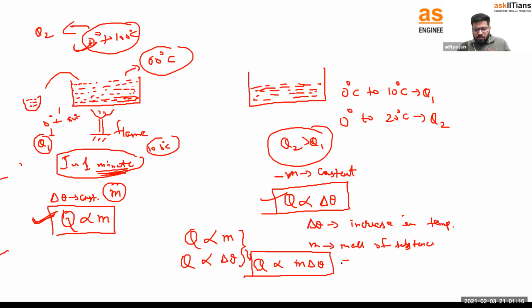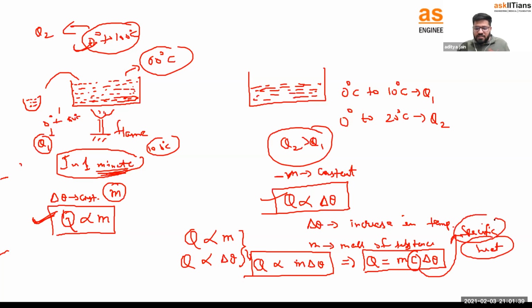To remove the proportionality sign, we have to put a constant here. Suppose I name that constant C. This is the actual relation. Whatever constant we are talking about here, this C will be known as specific heat. What we are going to learn today is this first term, so this constant is known as specific heat.